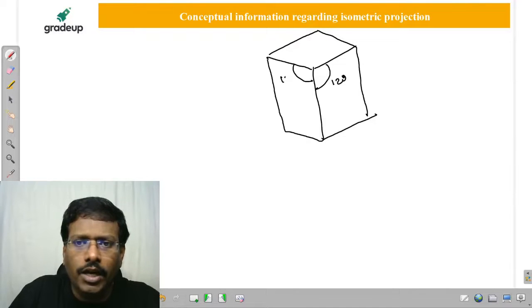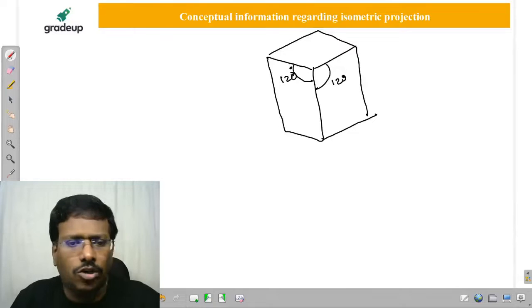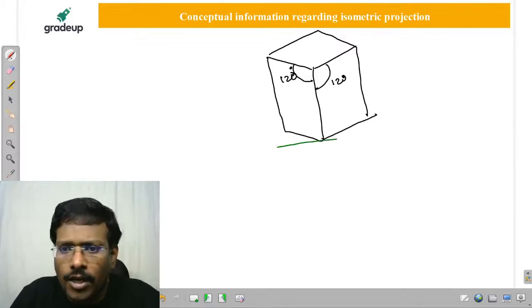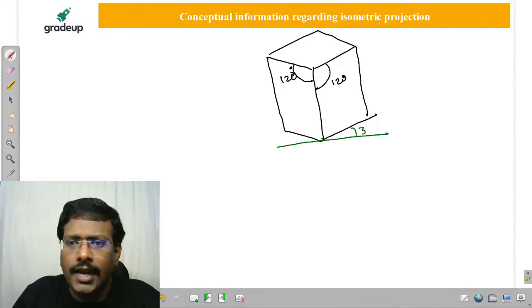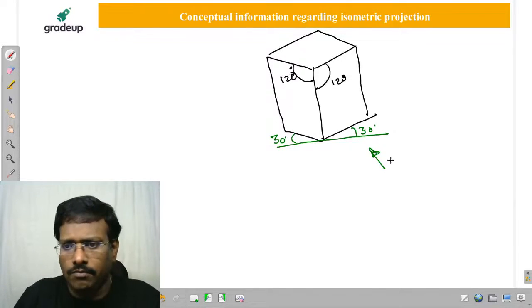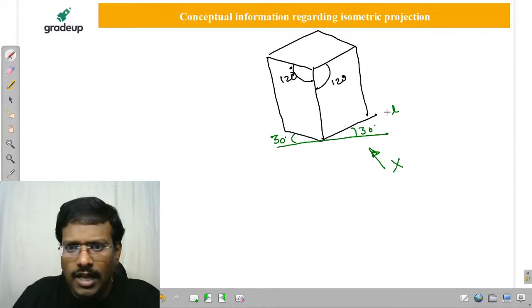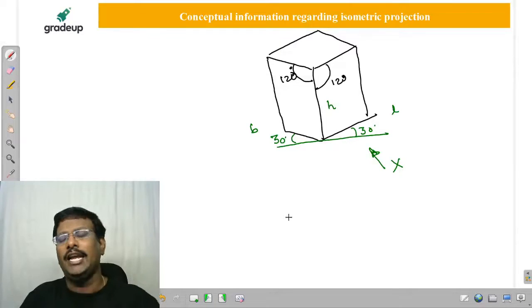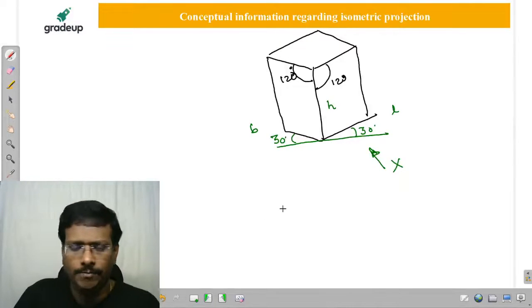But if you observe your drawings, you never start your drawing from here. You will start from here and draw a 30 degrees line here and a 30 degrees line here. Wherever I mark the observer, this is going to be the length axis, the other one the breadth axis, and the third one the height axis. I hope you are already aware of it.